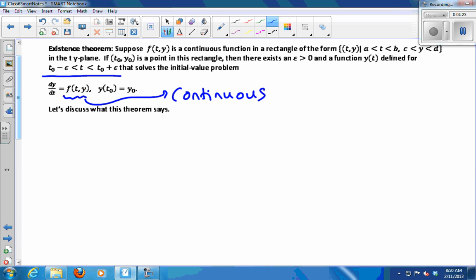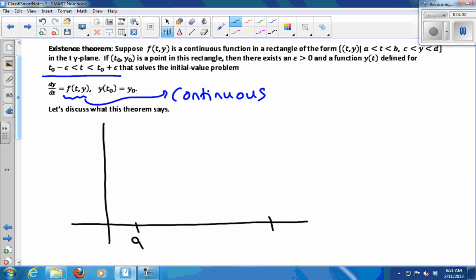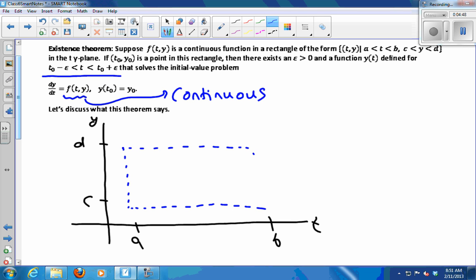And t naught, y naught is a point in the rectangle. So let's look at what that rectangle looks like. So I've got a to b on t, and on y, c to d. So I've got this rectangle where my differential equation has to be continuous. Okay, so there's my rectangle.